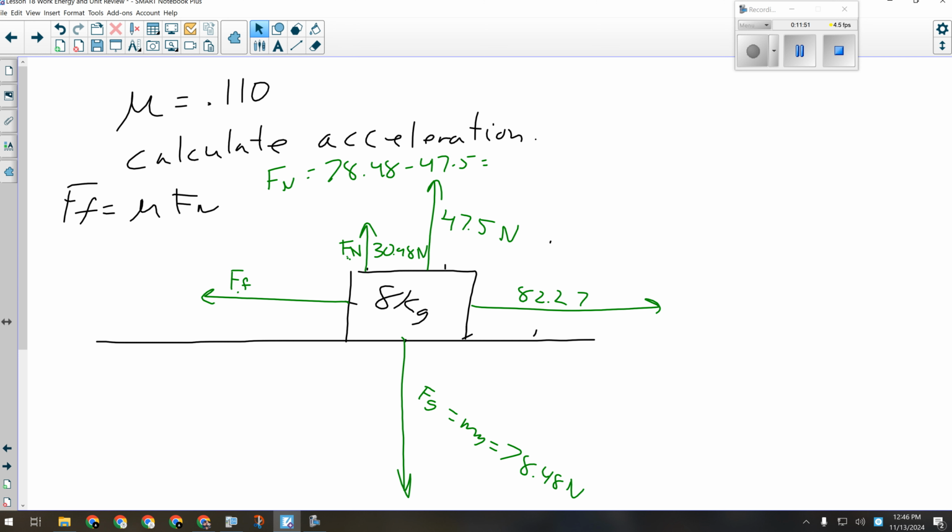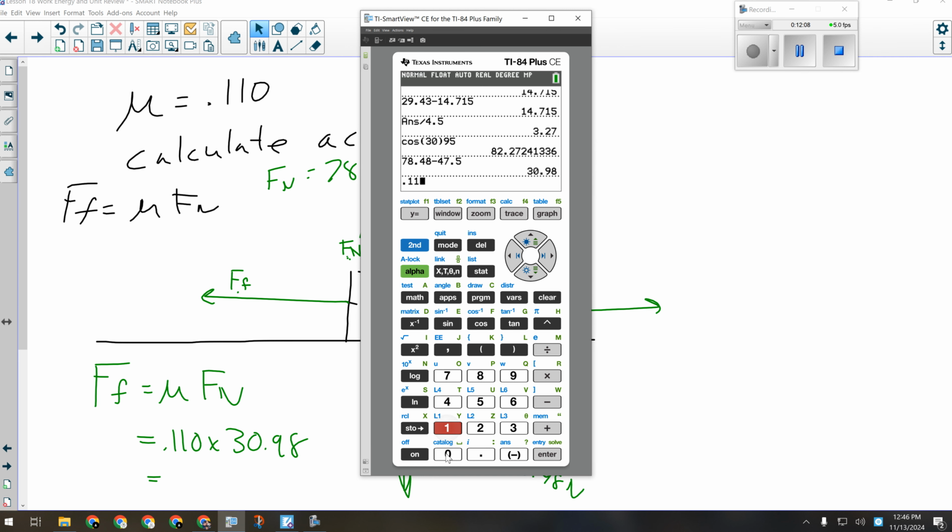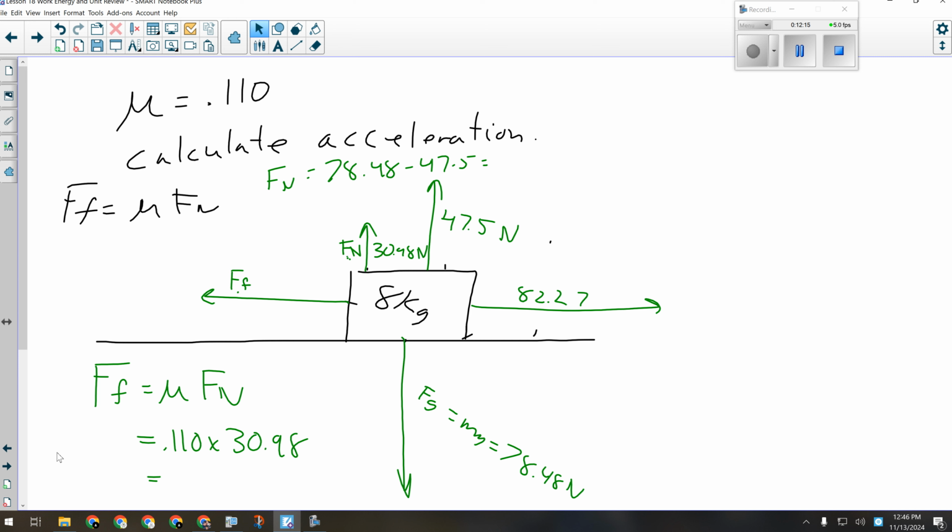Can I find the force of friction now? Okay, so 3.4078. That's practically nothing, is it, compared to the forward force?